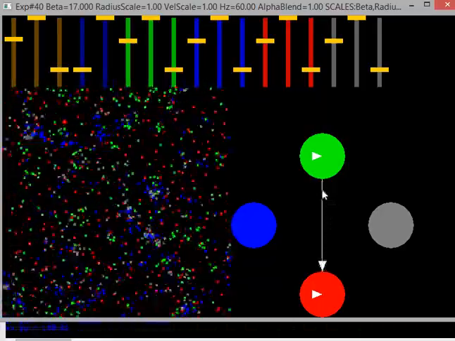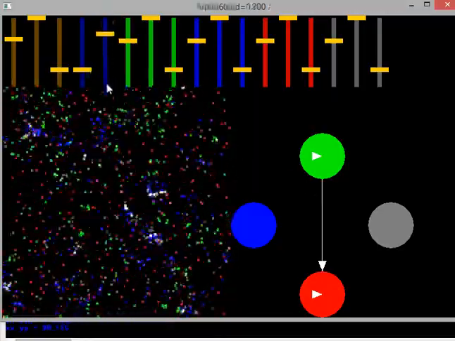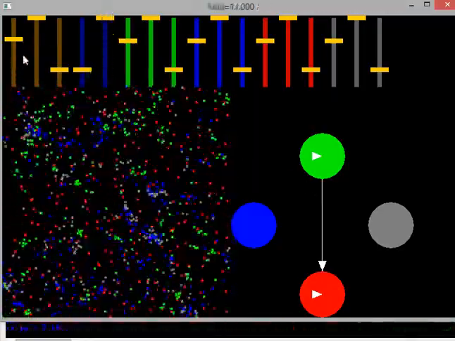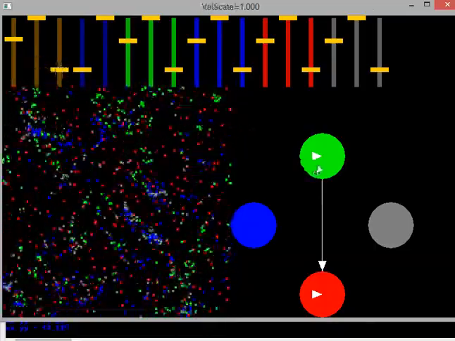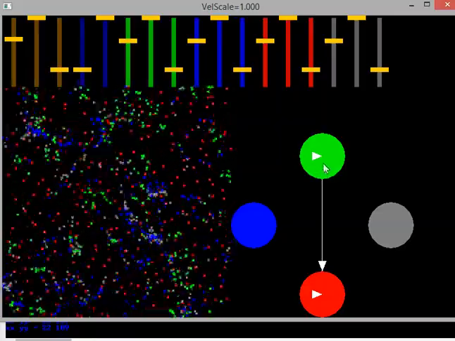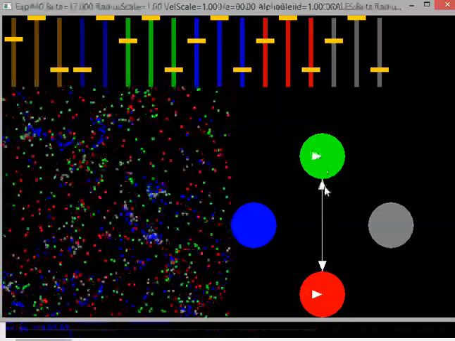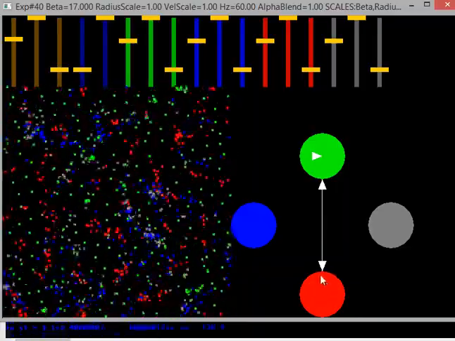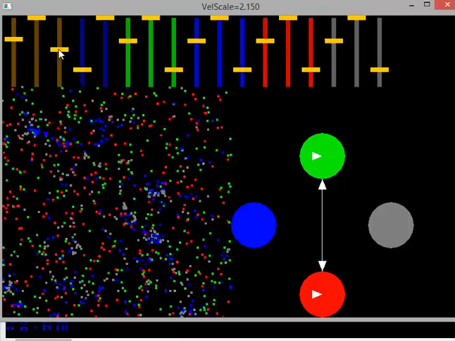See green reacting. Increase the velocity.